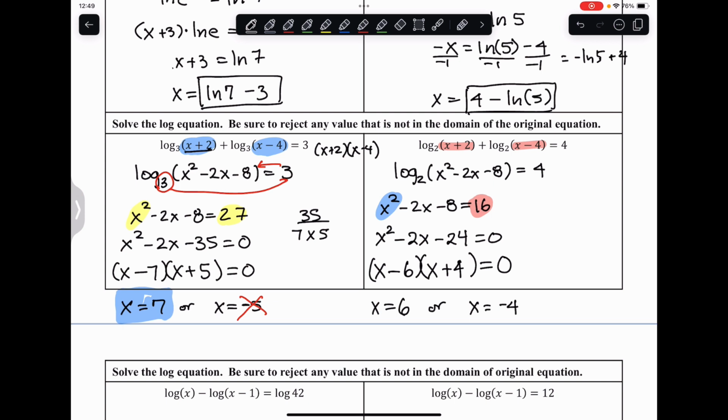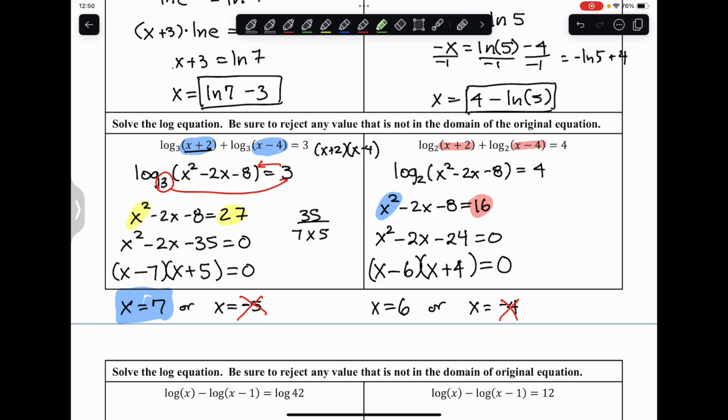And with these log equations, a majority of the time, when we have quadratics in the logs, we end up seeing that one solution is extraneous, and just like the last one, that's going to be the negative number. It just so happens to be the negative number, -4, because again our domain has to be values greater than 4 and greater than -2.